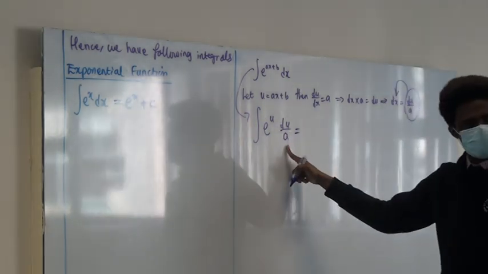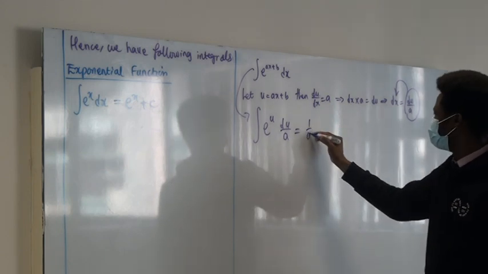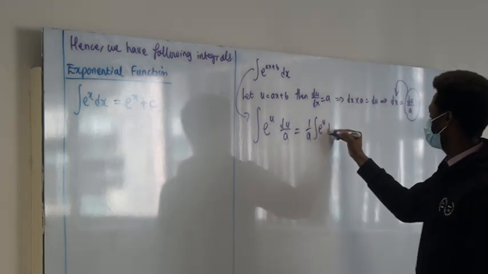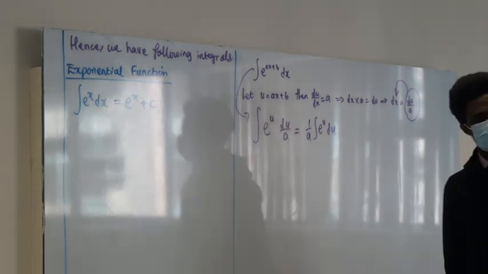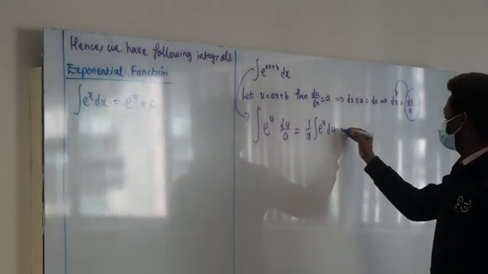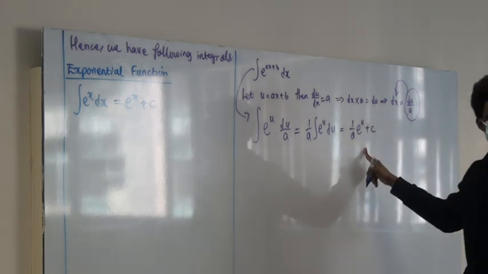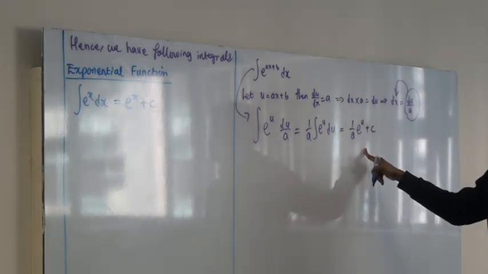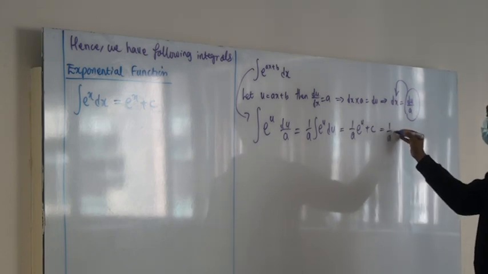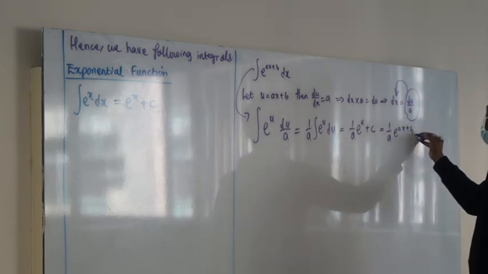Because a is a constant, it can leave the integral sign. And now you have the general rule, which gives you 1 over a exponential u plus c, right? Am I making sense? And that gives 1 over a exponential ax plus b plus c.